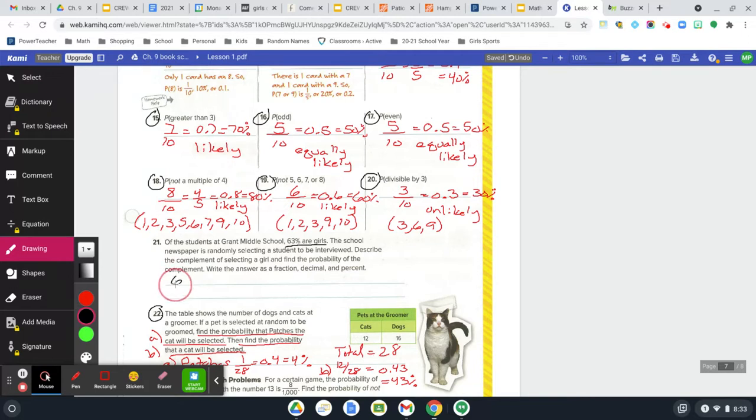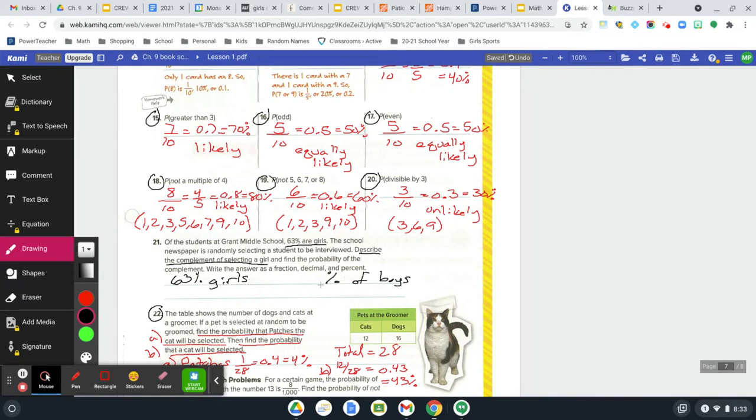So we know 63% are girls. So you're looking for the percent of boys because it says describe the complement of selecting a girl. Well, we know 63% are girls. The complement would be the percentage of boys.